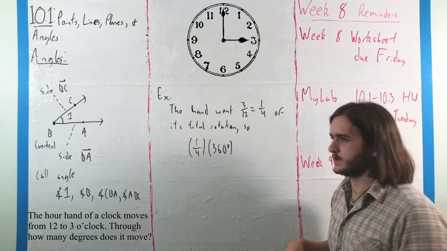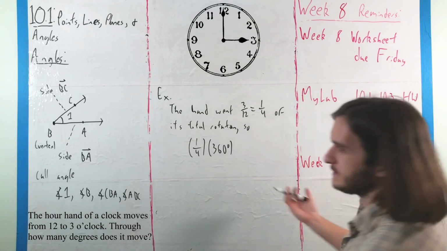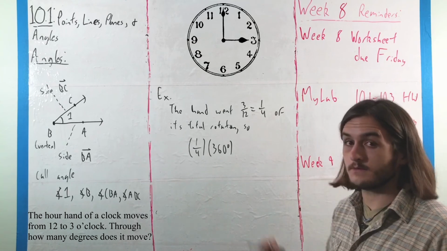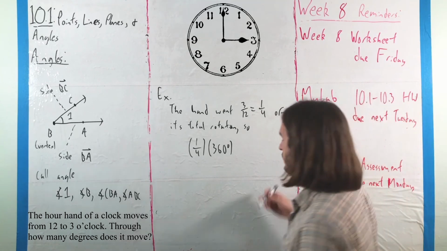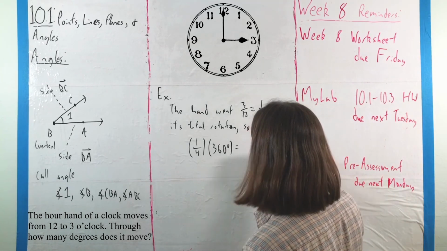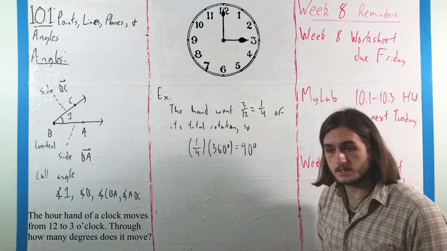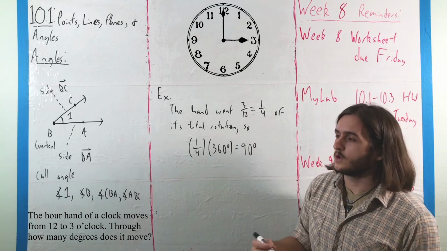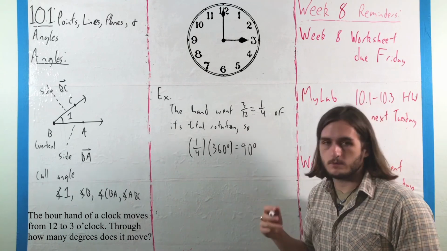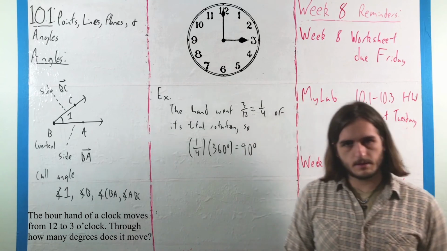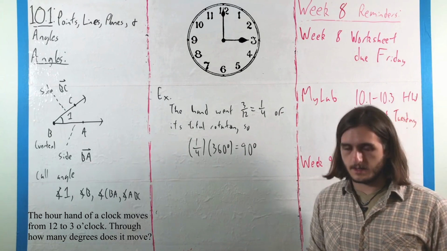That's our little way we talk about that instead of, say, having centimeters or some other unit of length. That's our unit of rotation, the degree. We multiply it out, and we'll get a value of 90, which hopefully some of you remember is a special thing called a right angle, when you have a degree value of 90 for an angle, but we'll see a little bit more about that in the next video.